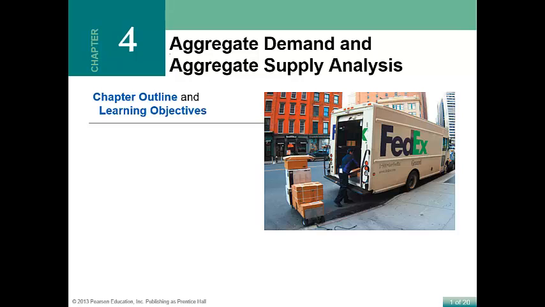So today we're going to focus on just the law of aggregate demand and the law of aggregate supply, explain them in relation to what we learned last week, and that will be a good preparation for us to move into Chapter 5 next week.